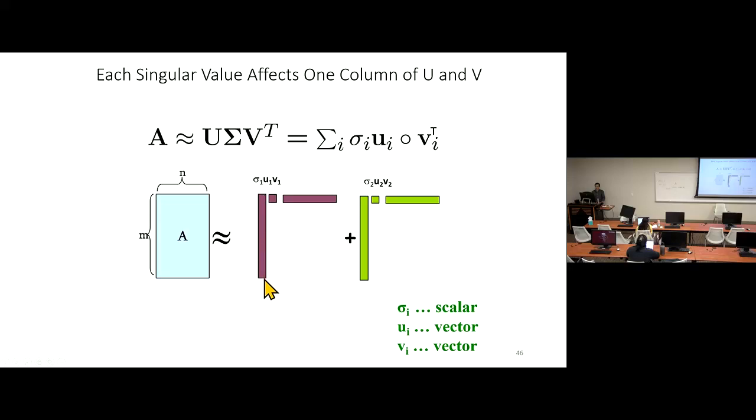So this is a vector times a single number, then times another vector. This will be the first component reconstruction of A. This becomes the first layer. Then you use the second most important component to construct another matrix. Because the end result will be a matrix, this will be another matrix. You just add another layer and then recreate the original matrix.